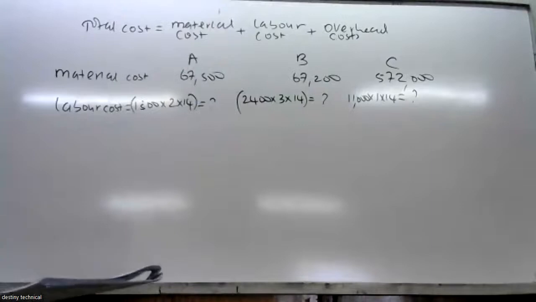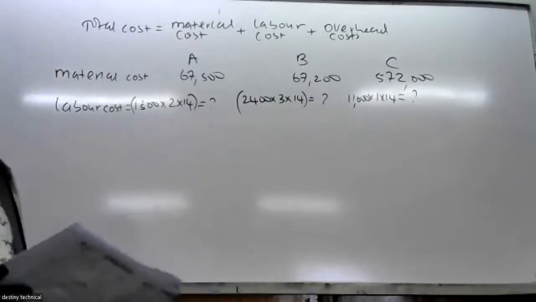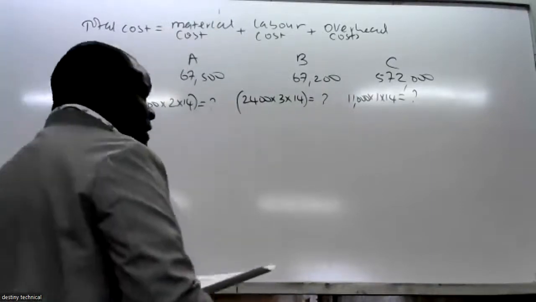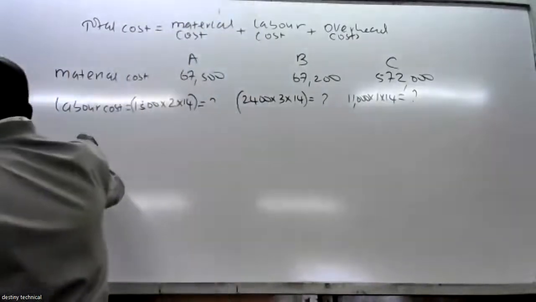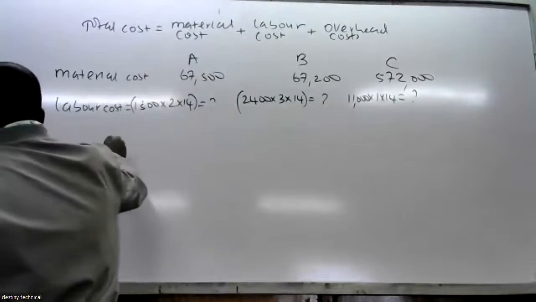The next step is not given, so I'm doing it under ABC. It is about the cost pooling.